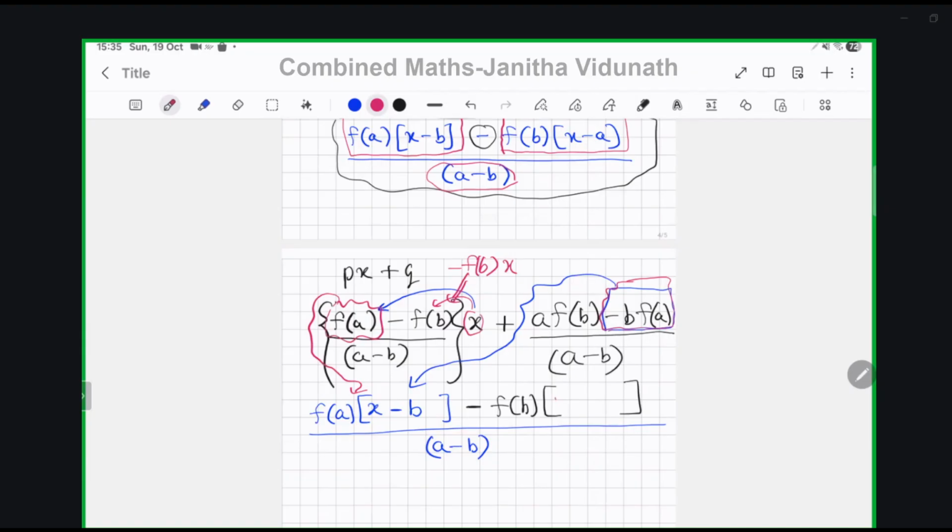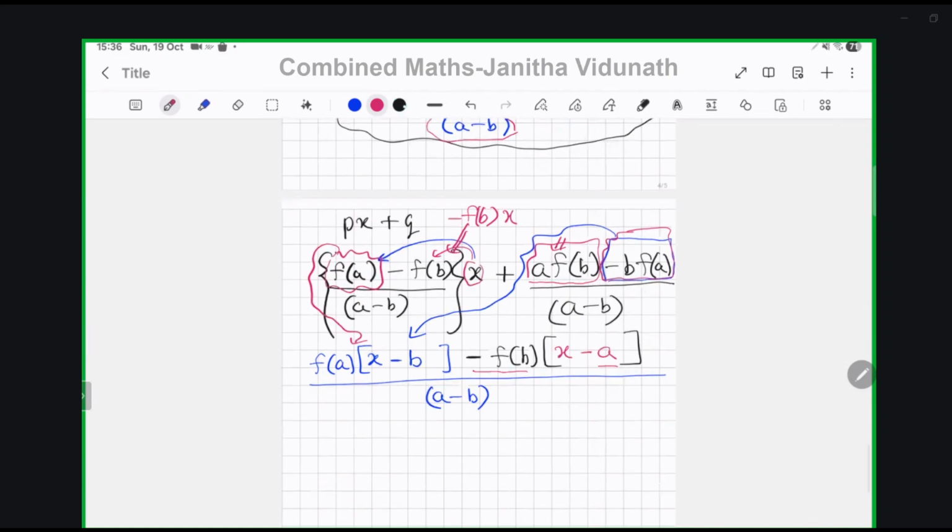Then x should be here, and here we will get A times FB. Since it is plus A times FB, we need to put minus a, because if we multiply minus FB with minus a we will get plus A times FB. Then this is the final answer for the remainder. Our remainder should be FA times x minus b, minus FB times x minus a, over a minus b. This is the final answer.